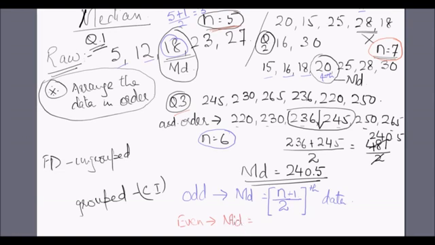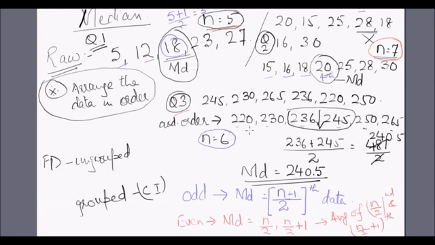So the median for an even number would be the average of the two middle numbers. And which are these two middle numbers? The two middle numbers are n by 2 and n by 2 plus 1. So you take the average of the n by 2nd number and the n by 2 plus 1st number.